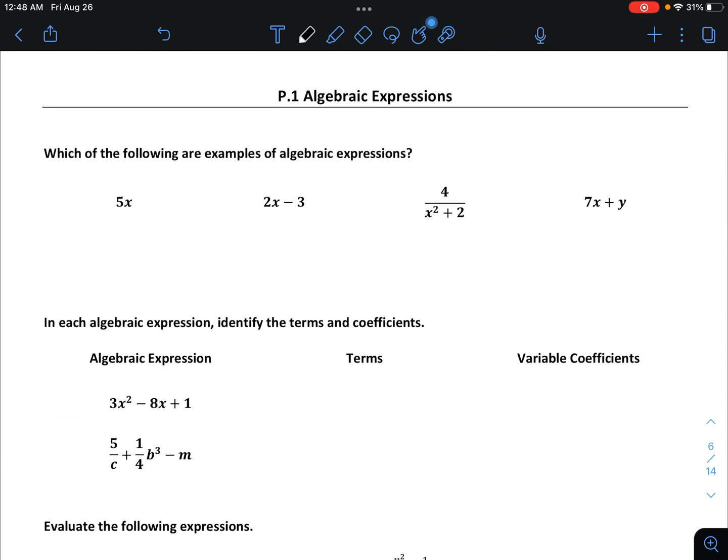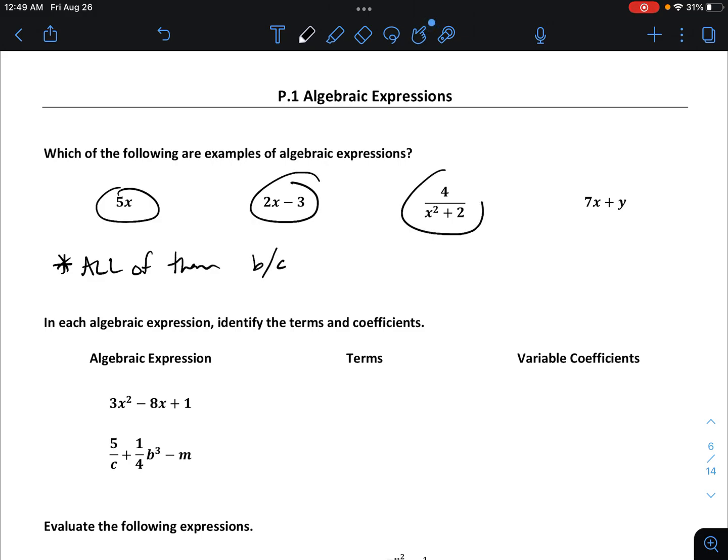Next page with algebraic expressions. Which of the following is an example of an algebraic expression? I'll let you try to circle as many as you think are algebraic expressions. But the answer is all of them. And if you think about what algebra means, algebra involves variables, right? So all of them, because they all have variables.